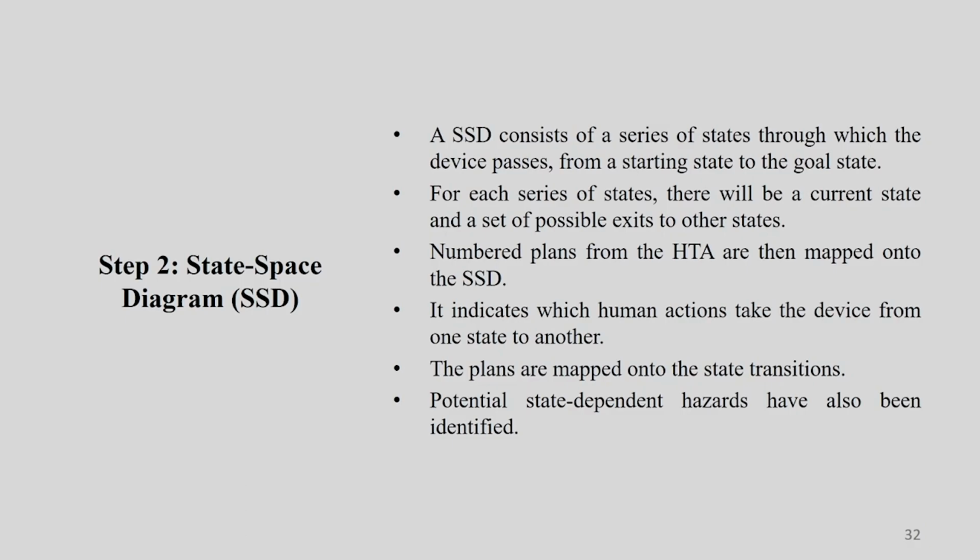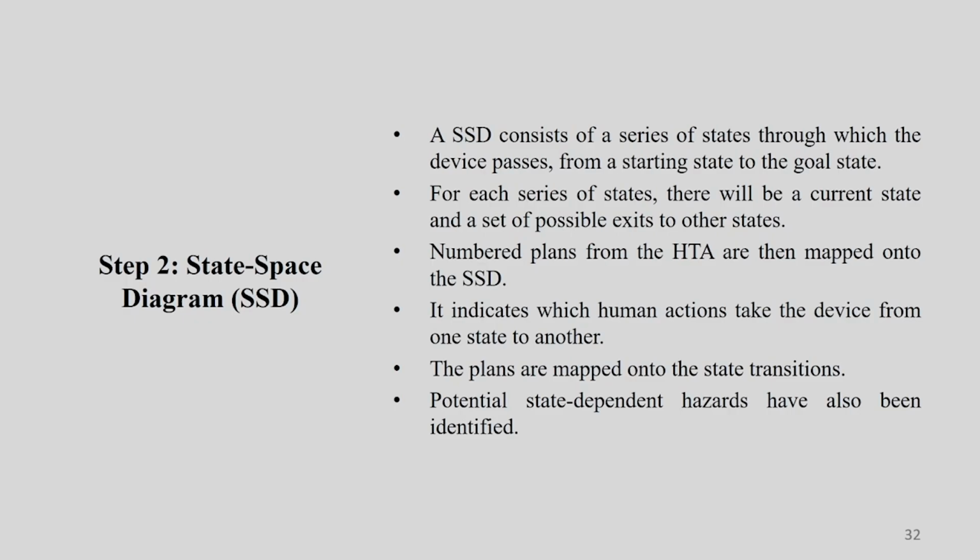So, from one state to another, which transition it is, and the potential state dependent hazards. So, here I said if you switch it off without boiling, maybe there is a less chance of error or there is a less chance of accident. Whereas, if you just take that particular kettle out from the base platform, there is always a chance of any kind of electrical accidents, right.